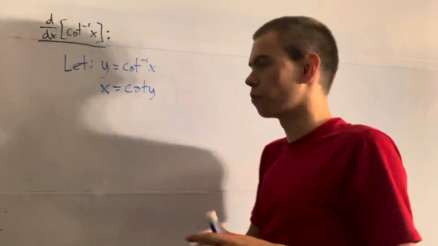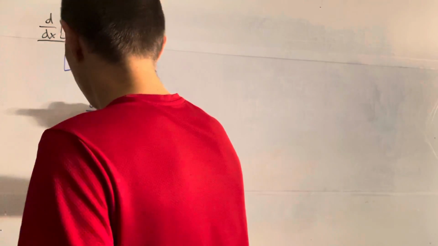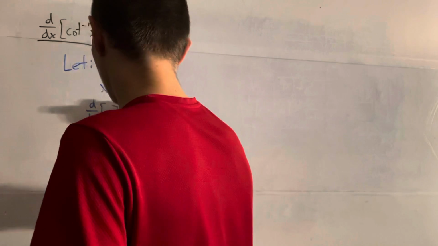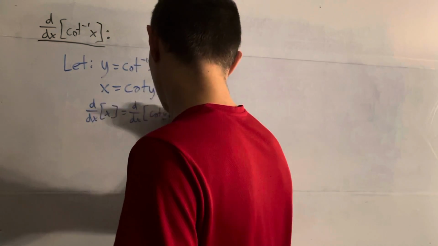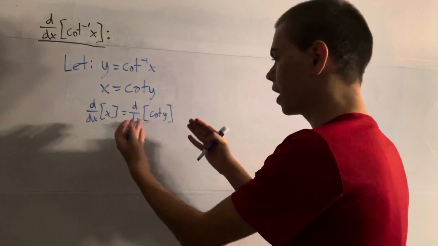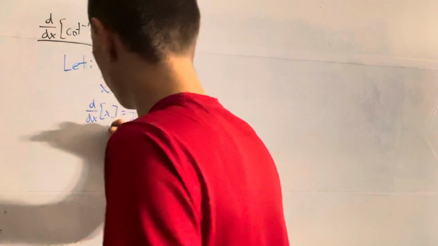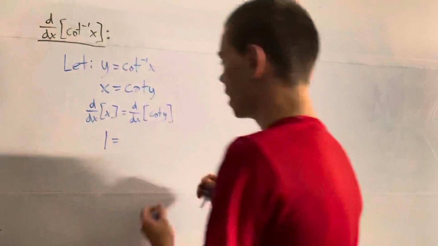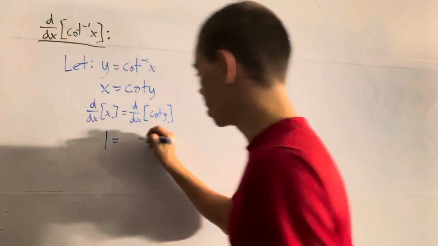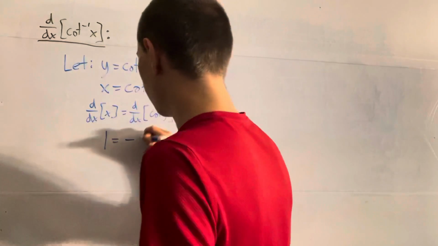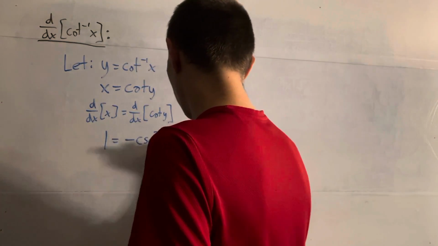So that's what we're going to do, okay? So we'll first start out by taking the derivative of both sides with respect to x. Right, and so now that we have this, we just got to evaluate both sides of the equation. The derivative of x is just going to be 1. And we know that the derivative of the cotangent of y is just going to be the negative cosecant squared of y.